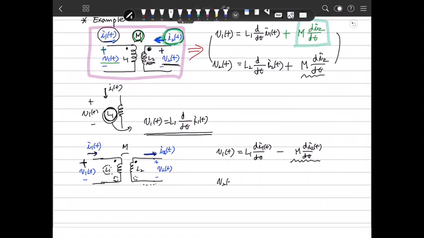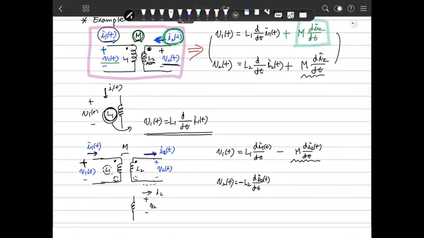And V2(t) here, because we define V2(t) plus here, I mean this inductance, and define the V2, but the current is going out from the I2 here. Therefore, the voltage across the inductance is L2 d/dt I2(t), but the direction is minus. Why?